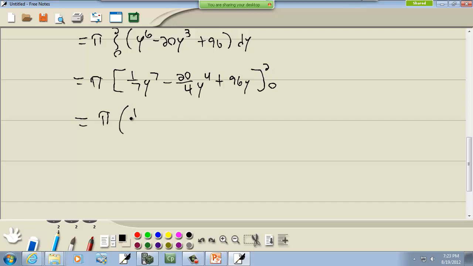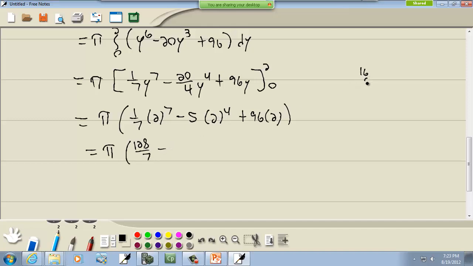So we got 1/7 times 2 to the 7th, minus 20 divided by 4 is 5, times 2 to the 4th, plus 96 times 2. 2, 4, 8, 16, 32, 64, 128 over 7. Minus 2, 4, 8, 16 times 5, 80. Plus 192.